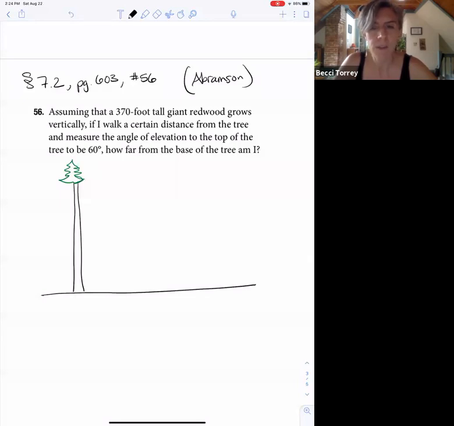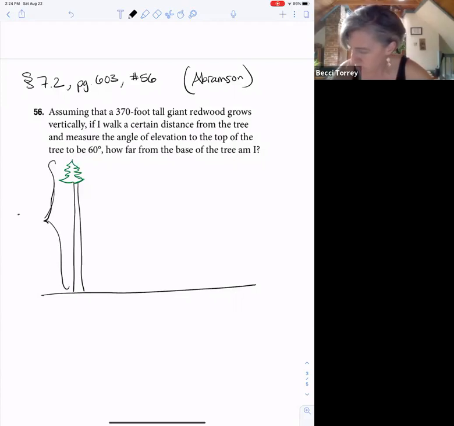Okay, and you can see my beautiful drawing of a very tall giant redwood tree, and it says that it's 370 feet tall. So the height of this tree is 370 feet. Okay, and I walk a certain distance. I don't know how far away I am, but I am over here. Some kind of distance over here.